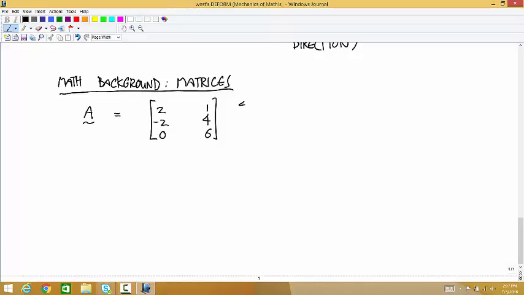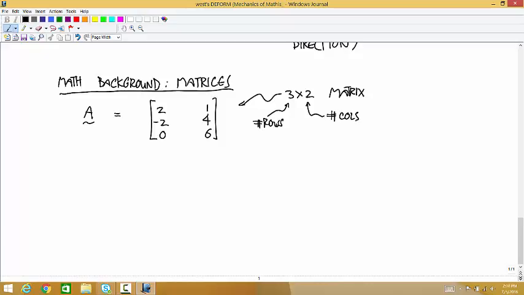This is called a 3 by 2 matrix. The 3 is the number of rows, and the 2 is the number of columns, and it always goes in that order.